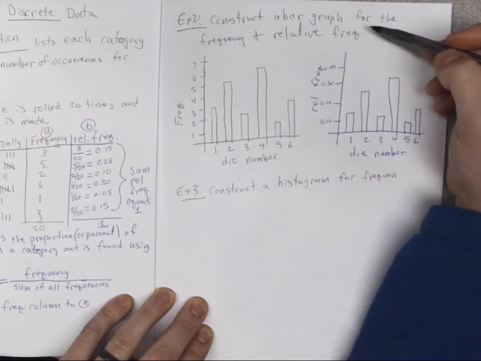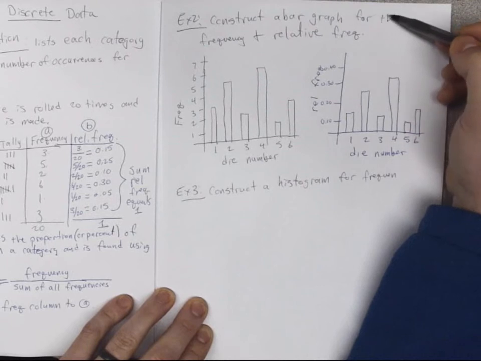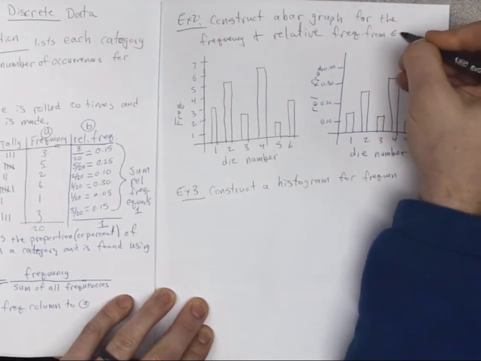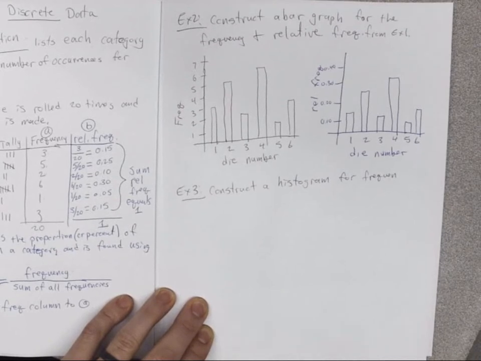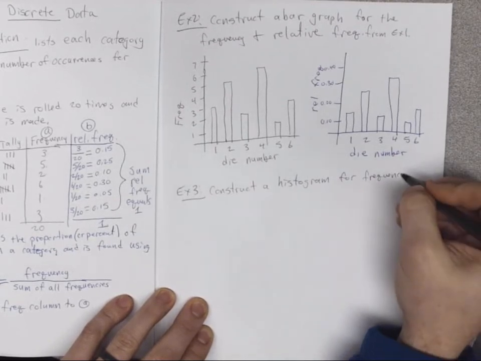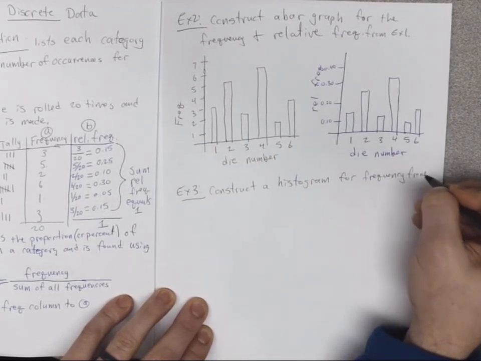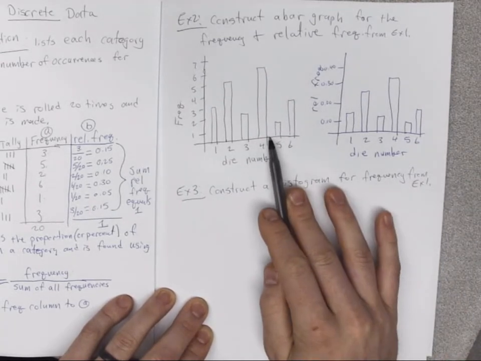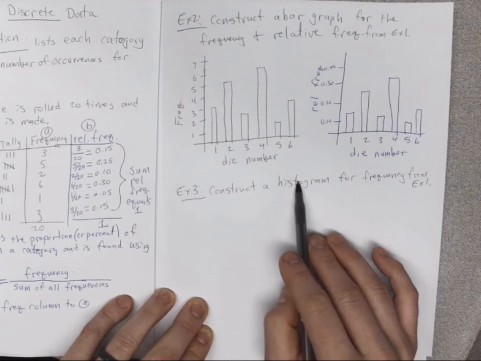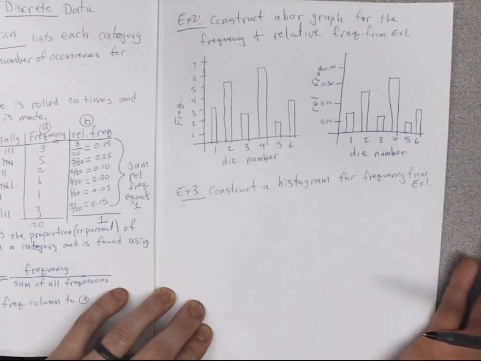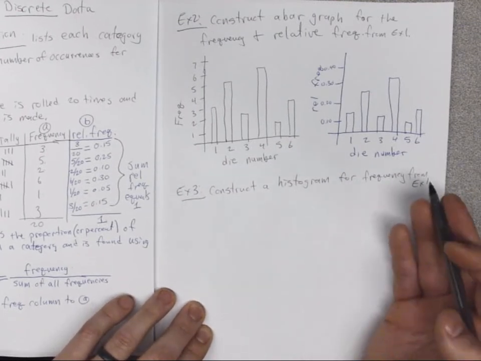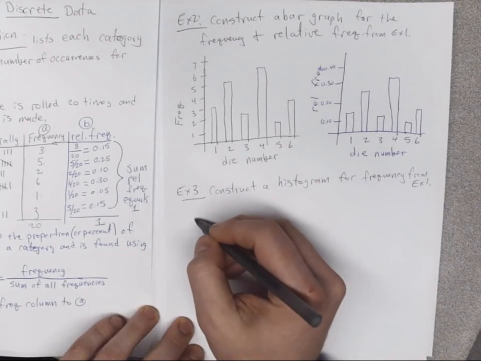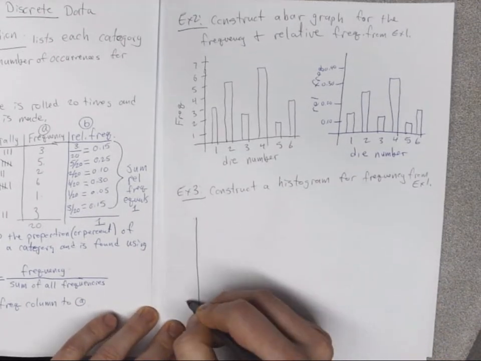And I guess up here in this example, I should have said construct a bar graph for the frequency and relative frequency from example 1. That would probably make it a little more sense to you. And really you need to know how to do a frequency and a relative frequency histogram, but if I show you one, you know how to do the other. And I will leave that up to you to do as a little extra side work when the video is over. So let's do a histogram.